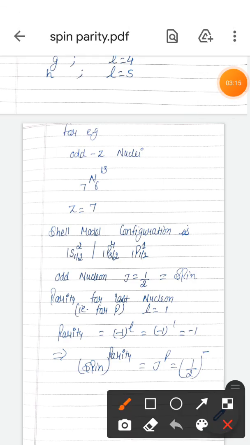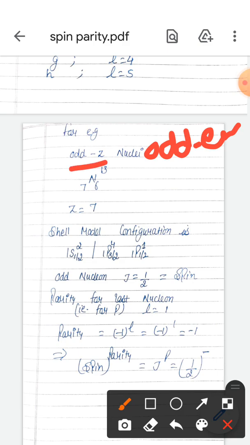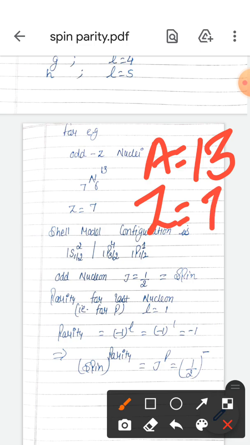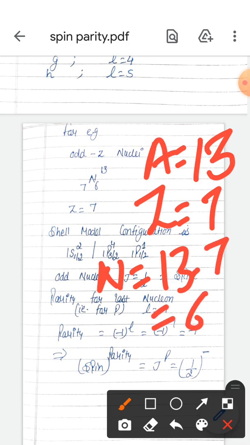Nitrogen nucleus is an odd-even nucleus, meaning an odd number of protons and an even number of neutrons. In this case, the mass number is 13, the number of protons is 7 and the number of neutrons is 13 minus 7 equals 6.